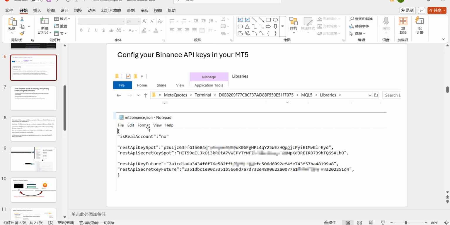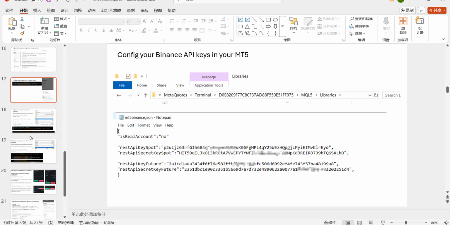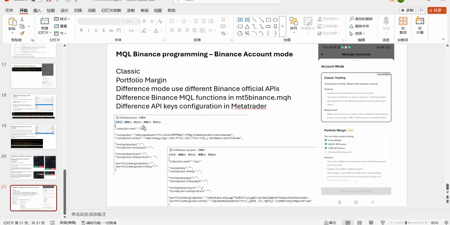As we mentioned before, we have to configure our Binance API key into our MetaTrader before trading. And the configuration is different in different account modes.